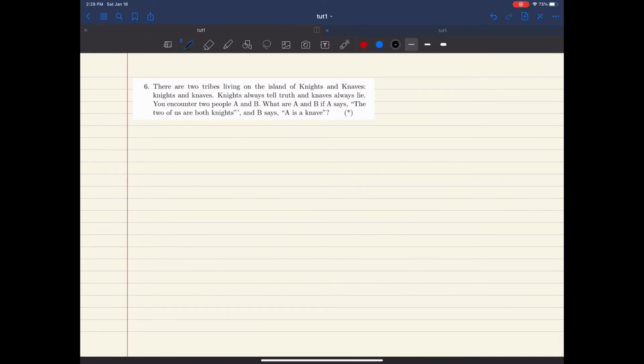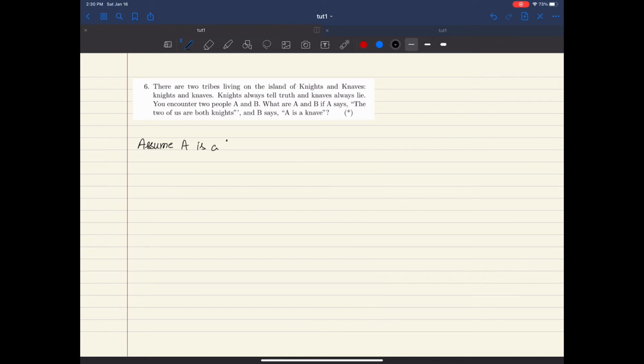So for the sixth question, again, we are on the island of knights and knaves. Now, the statement changes a little. A says the two of us are both knights, and B says A is a knave. Again, we will start with an assumption and see what we come up with.